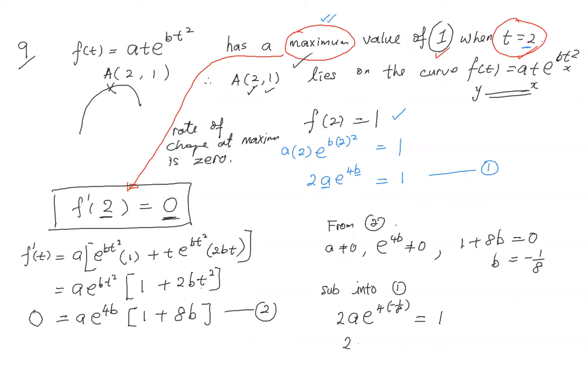So 2a e to the power of -1/2 equal to 1. So 2a over square root of e equal to 1. So from here, a equal to square root of e over 2. Done.